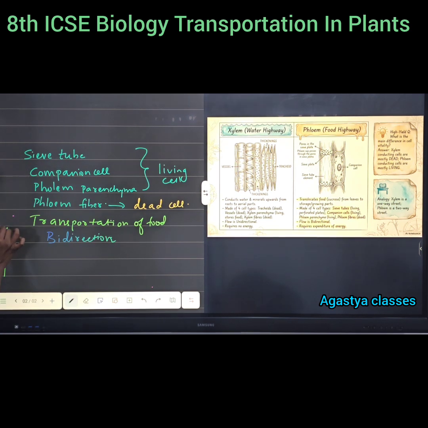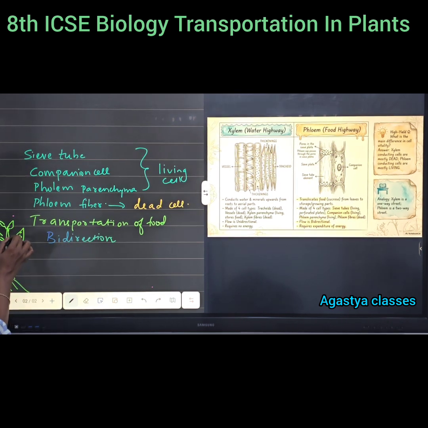If there is a plant, there is a root, there are leaves, and there are some small young leaves present over here. This is the region where food is being produced, as you know that photosynthesis mainly takes place in the leaves.